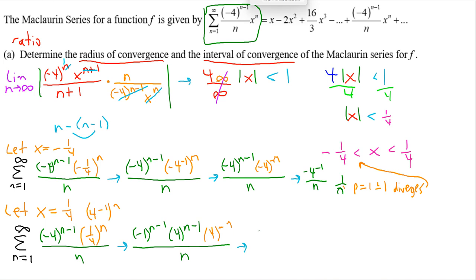So we have -1 to the n minus 1. And add the exponents there, so the n's cancel out again, so we get 4 to the -1 over n. And you can just bring that to the bottom, to the denominator.